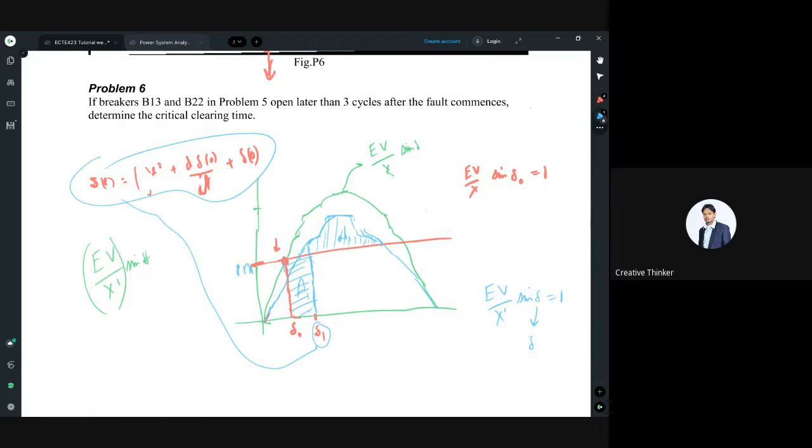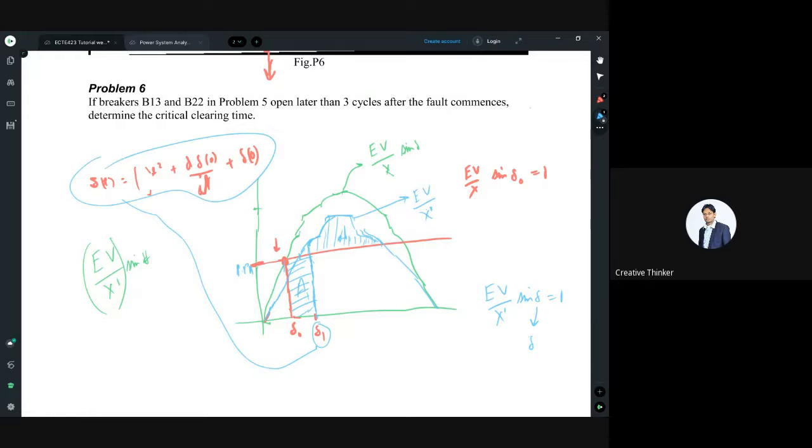It means the point gets jumped to this post-fault P-delta curve, which is E V divided by X dash. When the fault gets cleared, we will go back to the post fault condition.